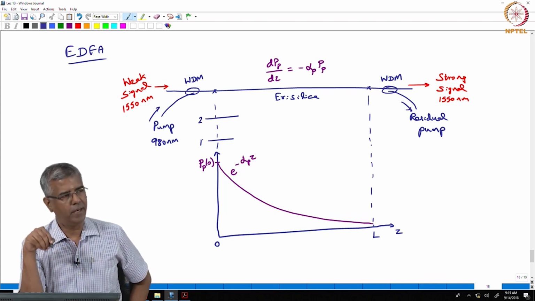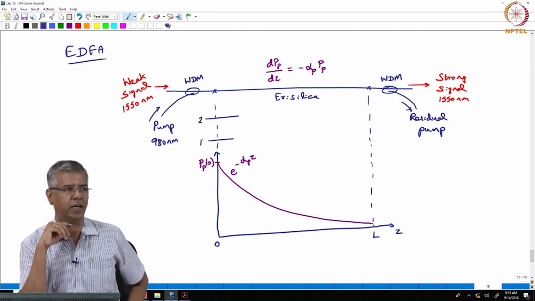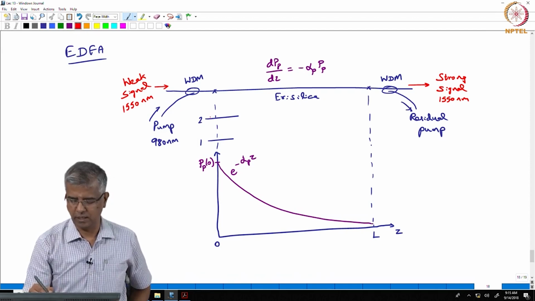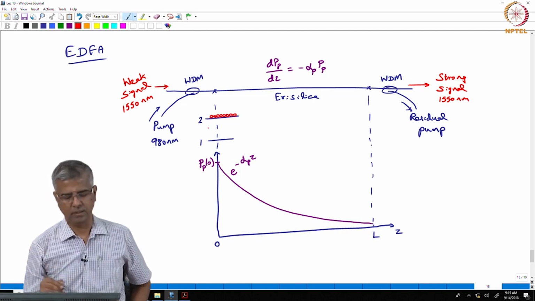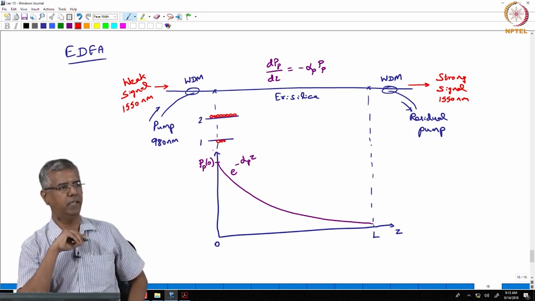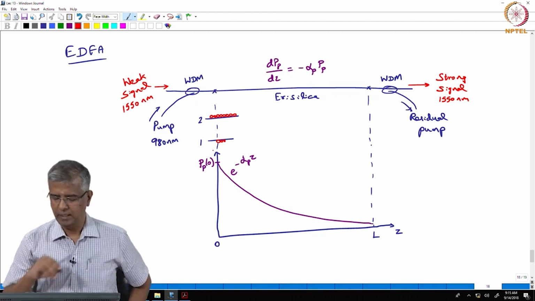So, you have a very high pump power at the beginning of that fiber. What can you say about the inversion that you have there? There will be a lot of erbium ions going to the higher energy level compared to what we have at the lower energy level.